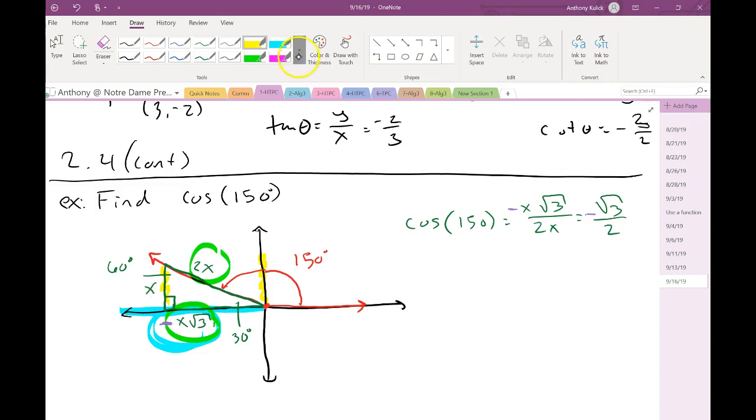In this case, it is just the x component. Because what we're saying here is this is the point negative x square root 3, comma, x. Which makes sense when we plot that point: we've gone negative over, to the left, and then up. So the x-coordinate is negative, but the y-coordinate should be positive. Okay?